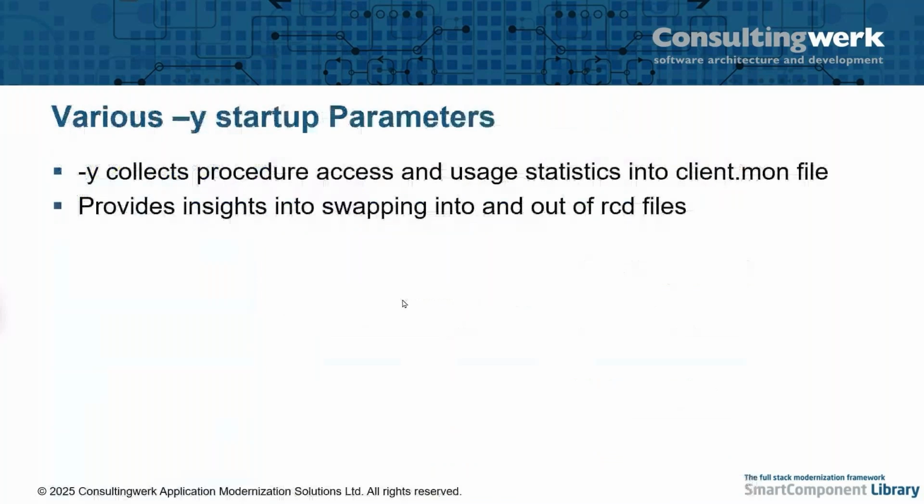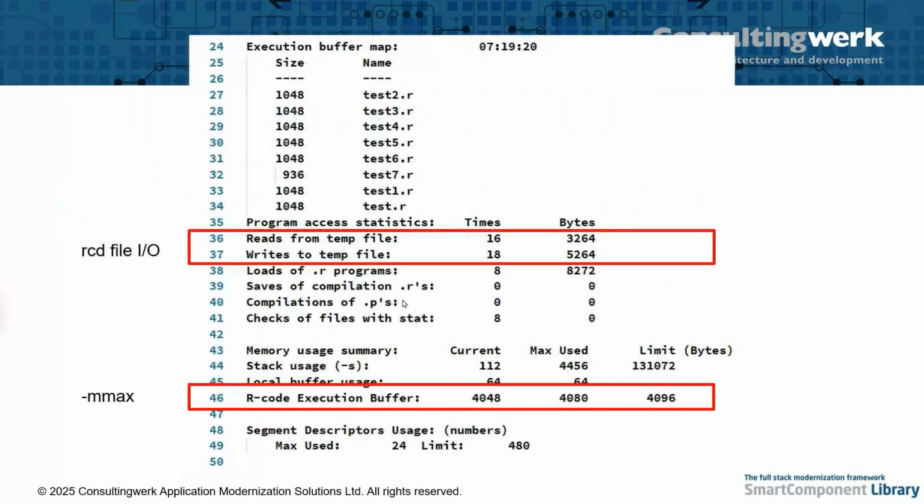But let's have a look at the output of this file. In the first 23 lines of that file, you see all the startup parameters, etc., that are passed there. But for understanding the usage of -mmax further down in the file, these lines are interesting. That is from the output of running my test.r, which runs test 1, test 2, 3, 4, whatever.